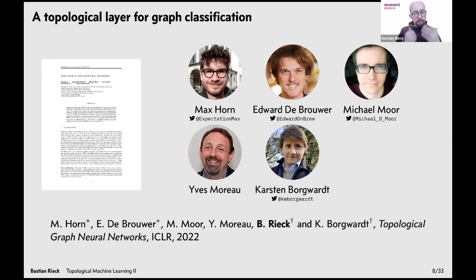And indeed, we also looked at overall learnable representations of these types of features, which culminated in a relatively recent ICLR paper on topological graph neural networks, which, despite its name, actually presents a topological layer for graph classification based on some kind of nice, interesting earlier work.